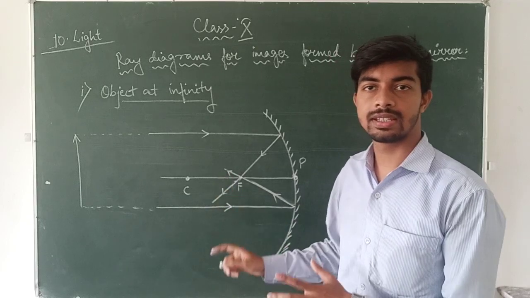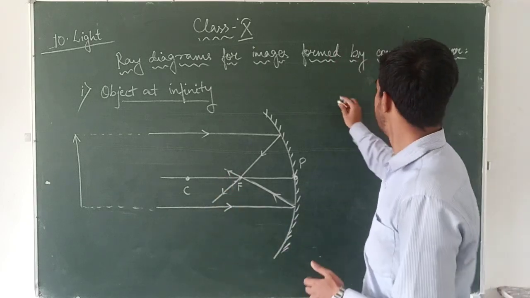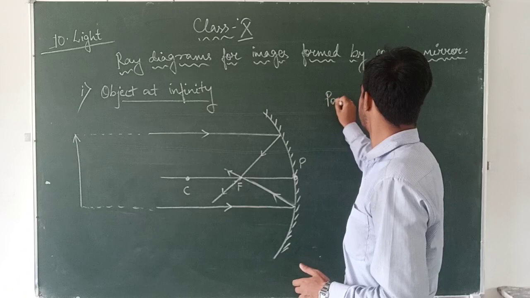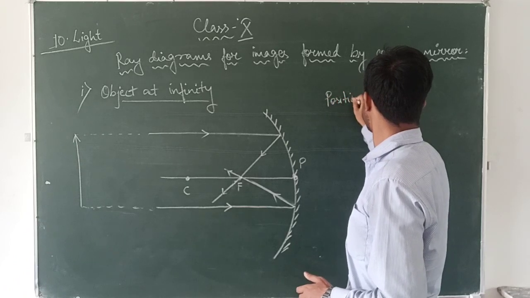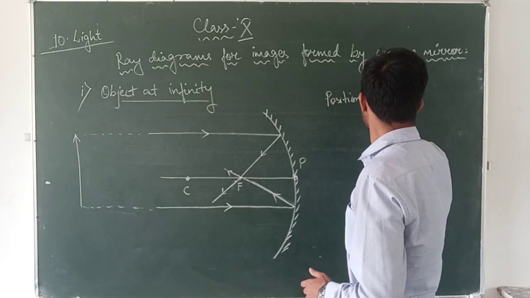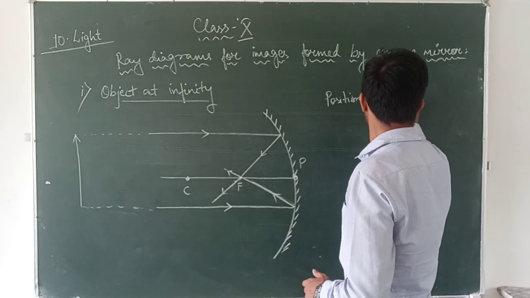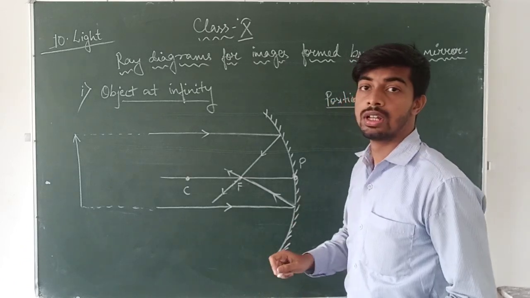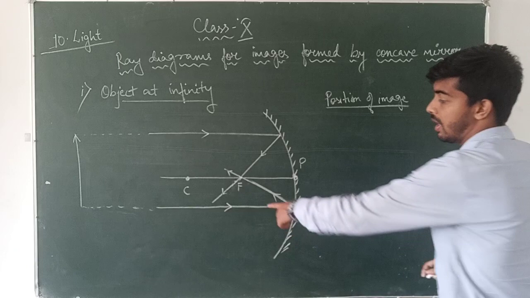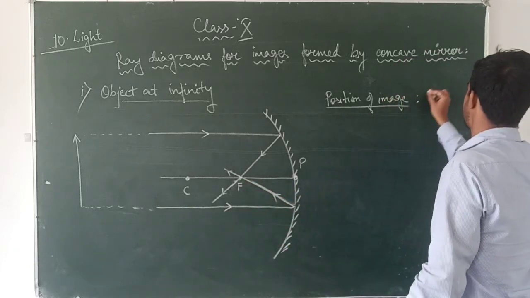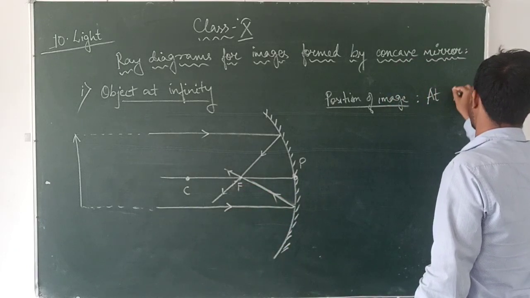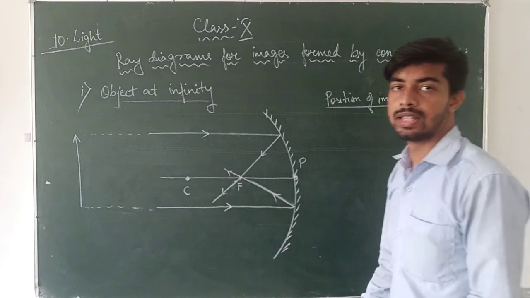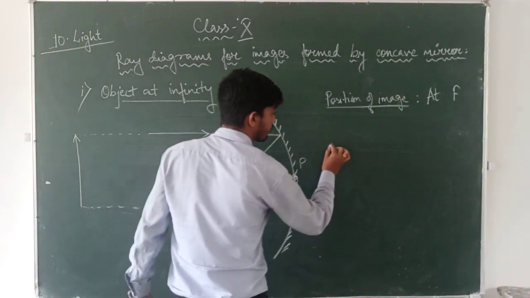In this case, let us see the characteristics of the image. First of all, position. Position of image: the image is situated at F. Then size of image.